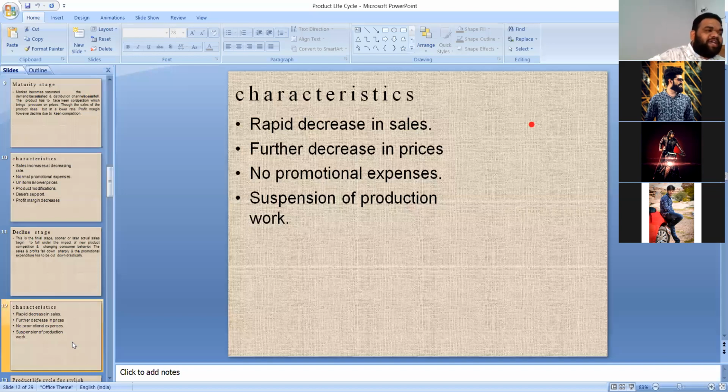Now, this is where innovation management plays a role.